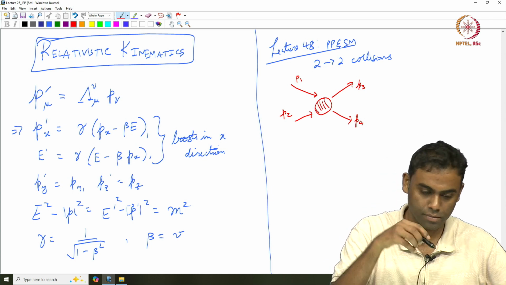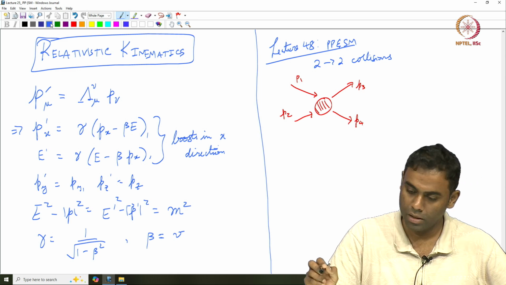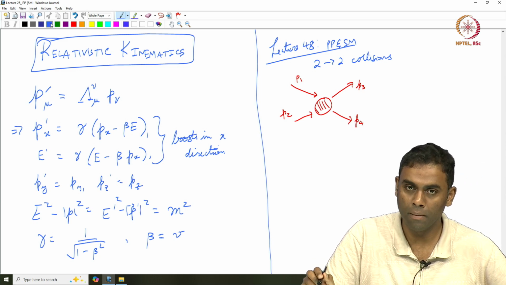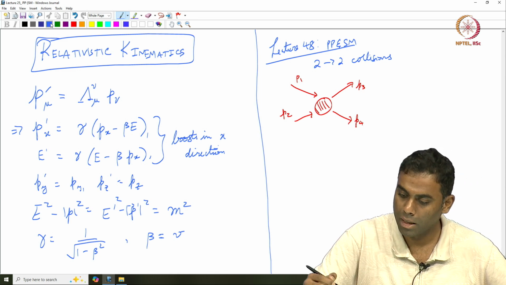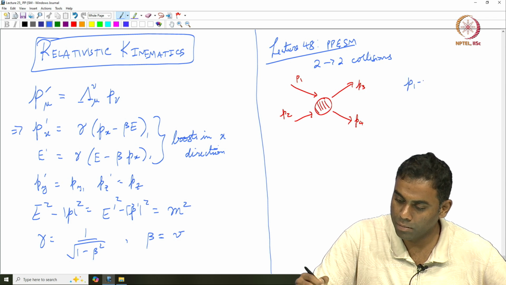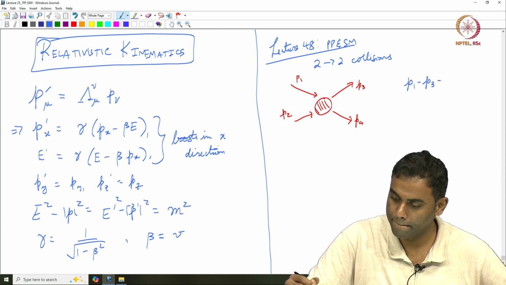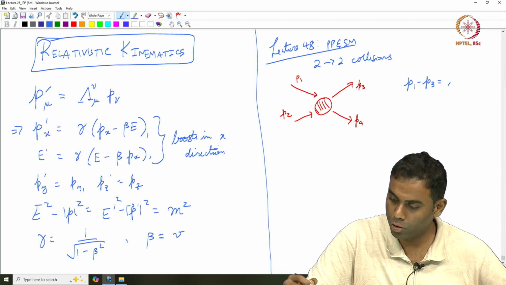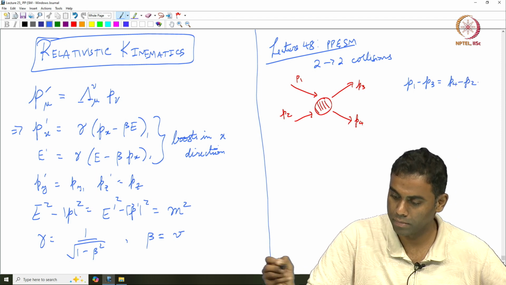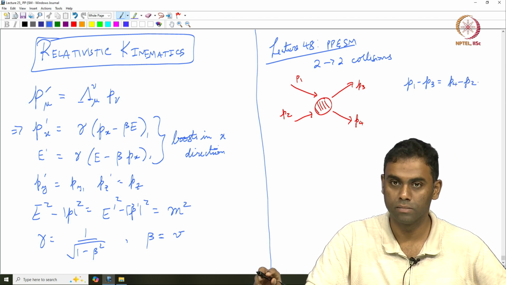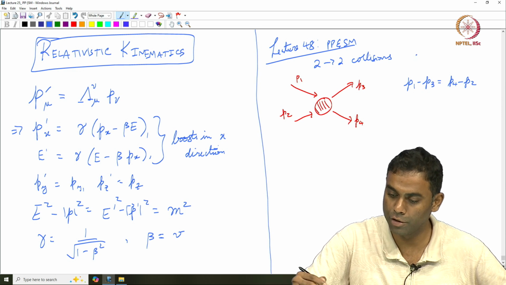Now how do I write the momentum transfer here? I can either write it as P1 minus P3 or P4 minus P2, correct? Why is that? I have just made use of momentum conservation.